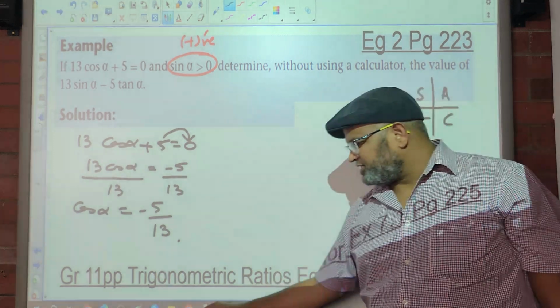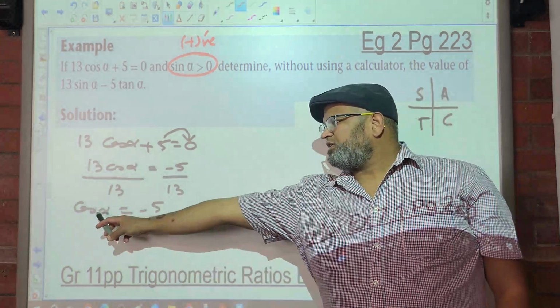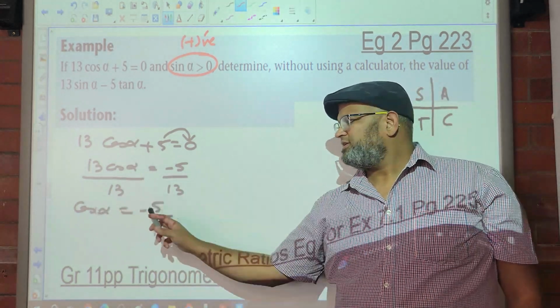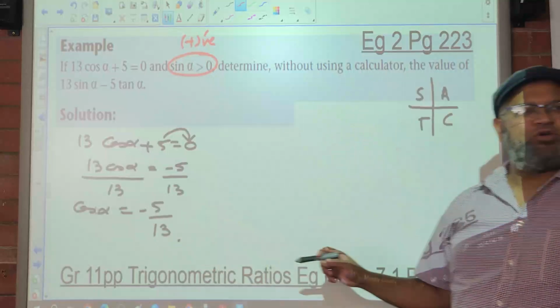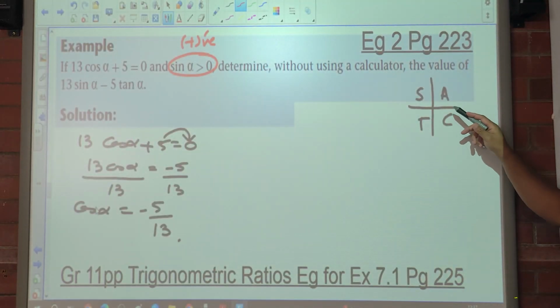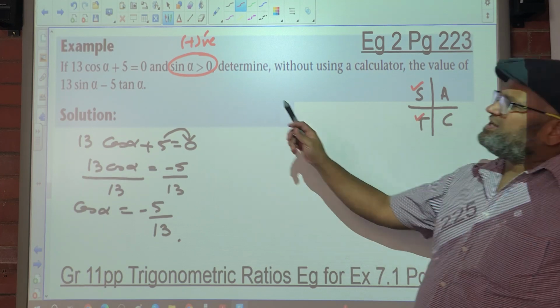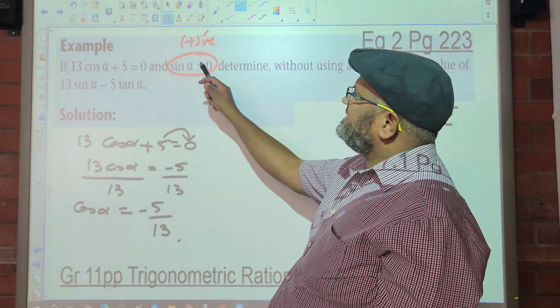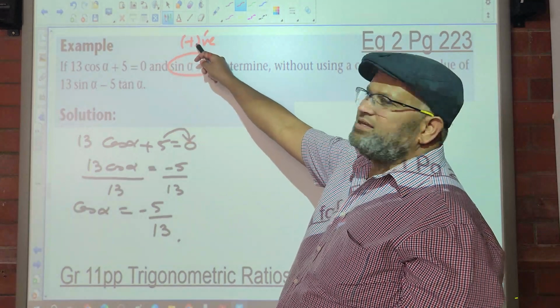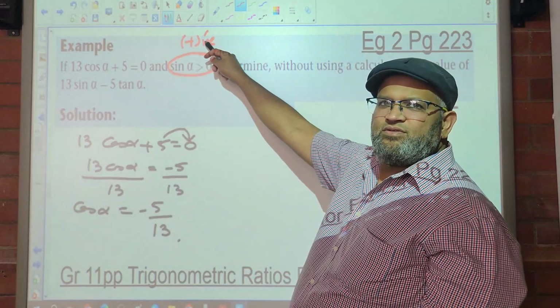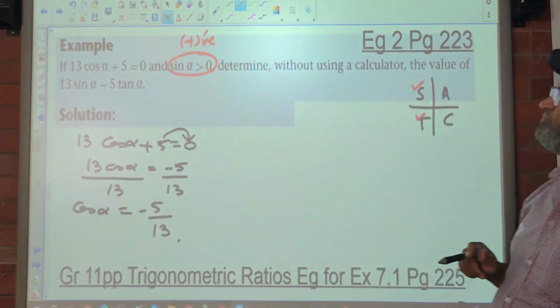So the question we ask ourselves, in which quadrant is cos negative? In which quadrant is cos negative? Quadrant 2 and 3. Can you see that, people? But this tells us that sine is greater than 0. So sine is positive. In which quadrant is sine positive?